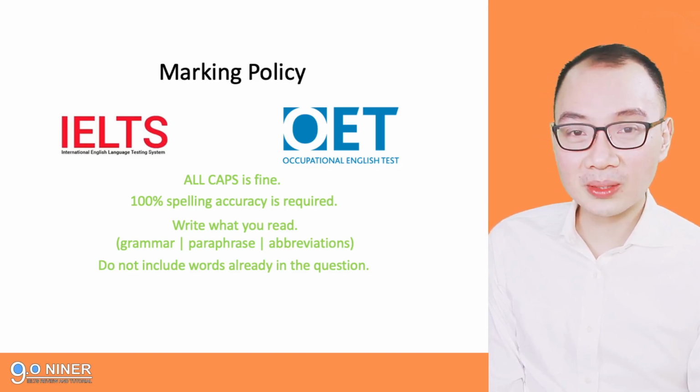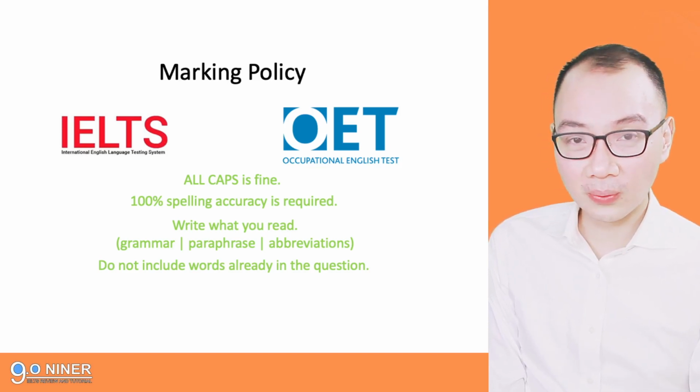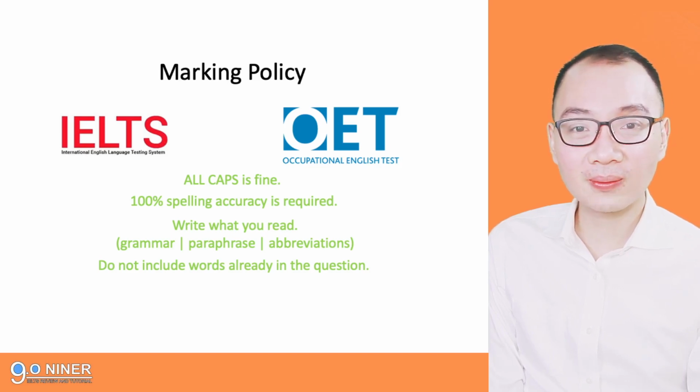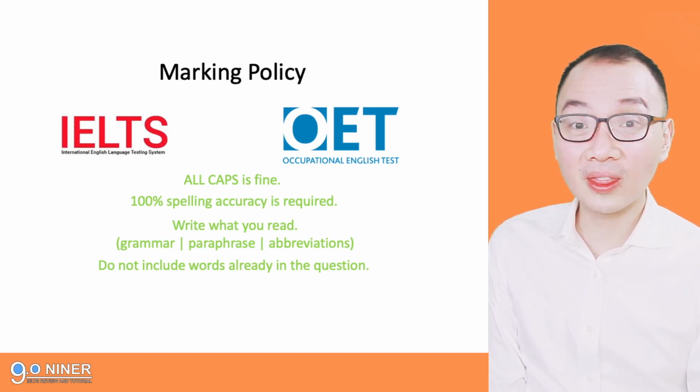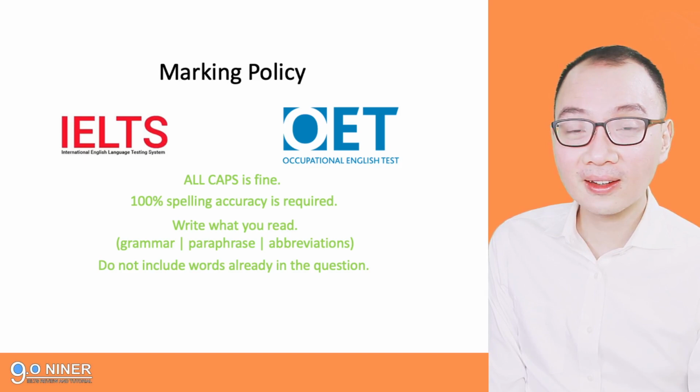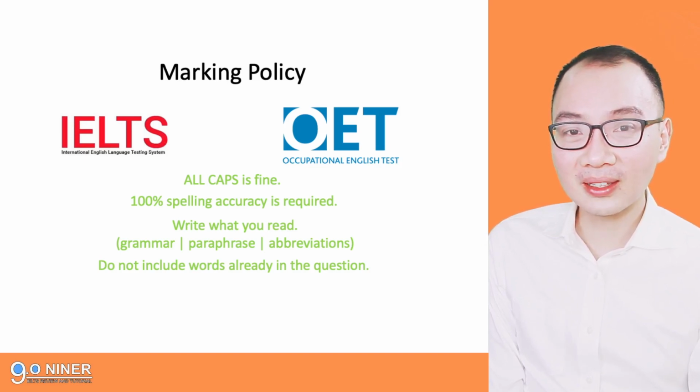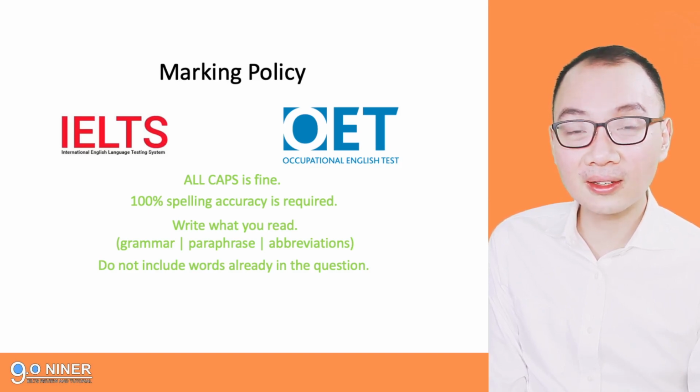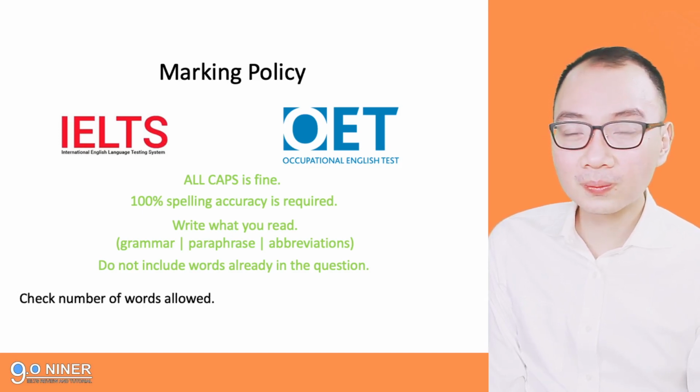There would always be a match between the keywords of the question and the keywords of the passage. This is how the candidates know that this is the answer. So these paired keywords are not meant to be answers, but rather they're meant to be hints or guides. So please do not include words that are already in the question.